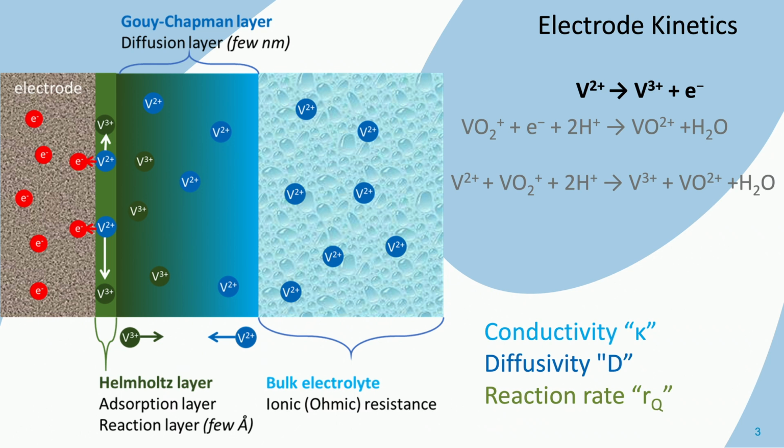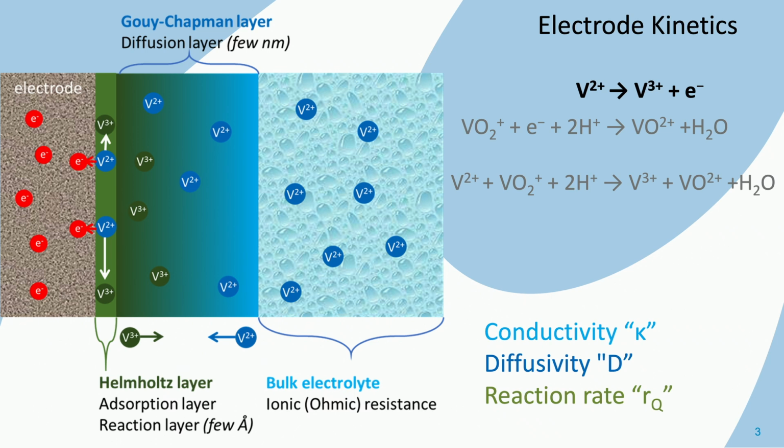This adsorption layer is known as the Helmholtz layer and is in the order of a few angstroms, obviously roughly the sizes of a few atoms. Then the new vanadium 3+ ions must leave the surface through the diffusion layer, going back into the bulk. This means we have split up the overall mechanism into conduction, diffusion and reaction rate.